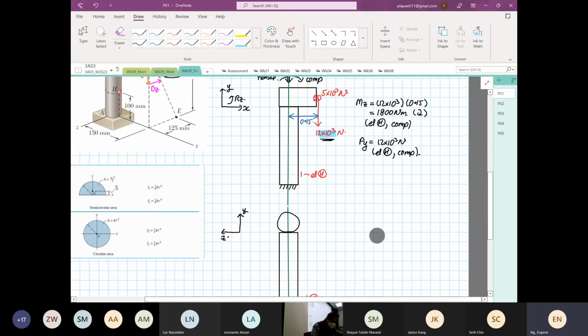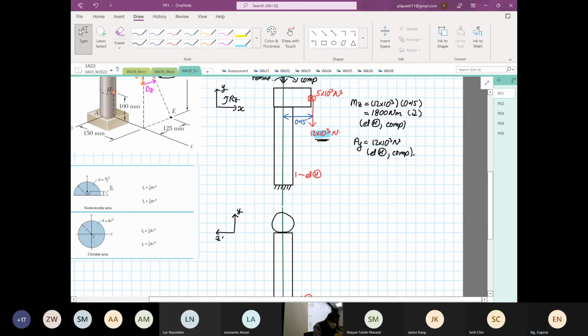We know that we have a load coming down at 12 times 10 to the power 3, and this is going towards the right at 5 times 10 to the power 3.